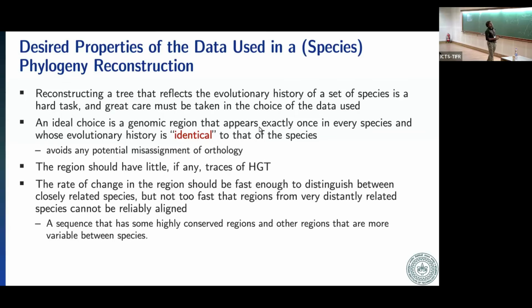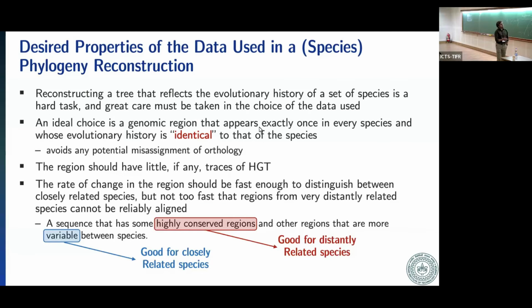The piece of sequence from which we are going to build the tree should have some regions which are highly conserved. That is really good for distantly related species. Let's say we have a specific region which might be something like a transcription factor binding site, which is conserved across a lot of different species. So they are the highly conserved regions.